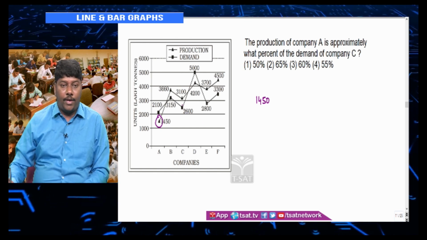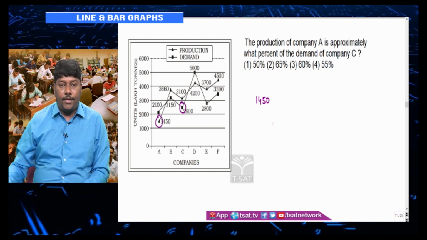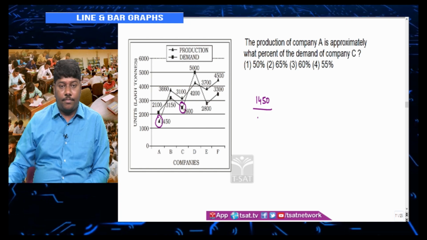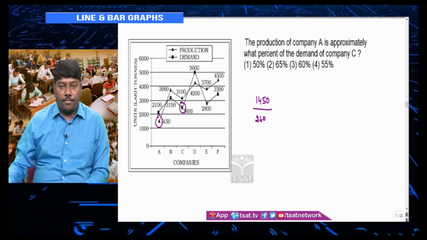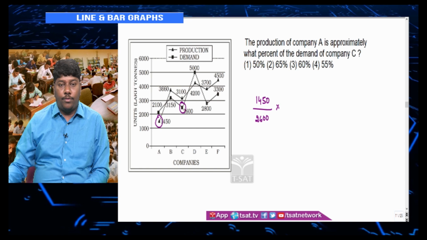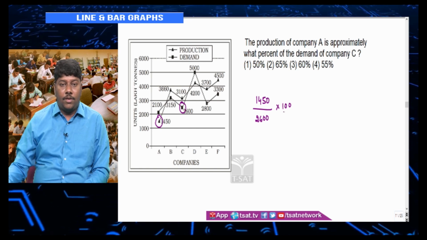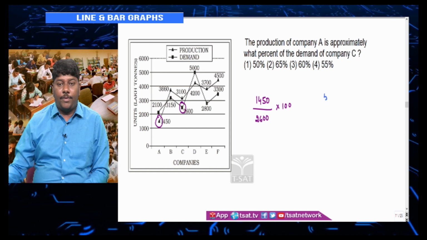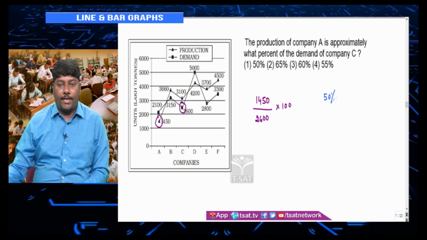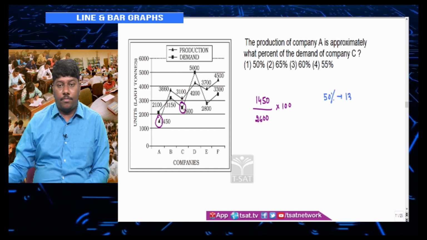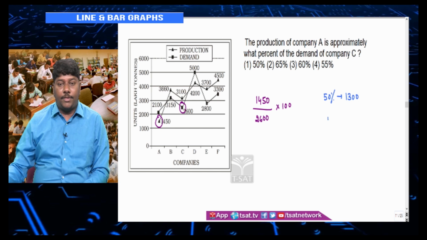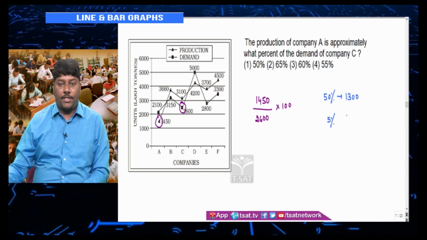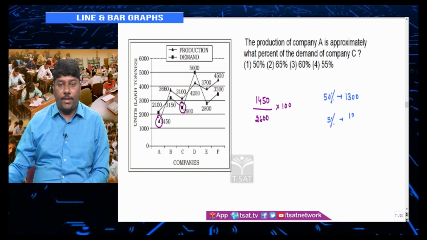Now demand is a square, C is 2600, into 100. Forget about this 100, but I would say 50% of 2600 is 1300. And what is 5%? 50% is 1300, so 5% is 130.